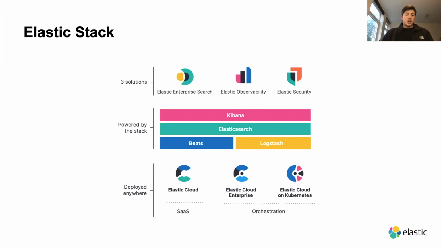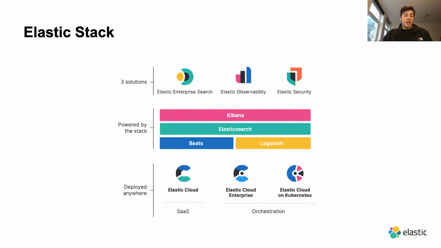Now, of course, Elastic Stack is a tool, and a lot of users, a lot of community members understood that this tool can be used in many different ways. For that reason, you're going to hear a lot about Elastic Enterprise Search, Elastic Observability, Elastic Security. So different solutions that are based on the Elastic Stack, but of course extend its usability and focus a bit more on specific use cases.